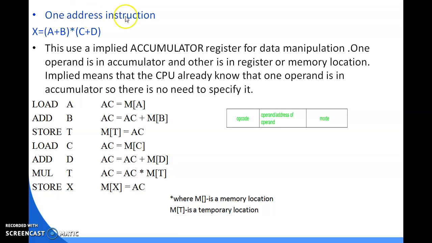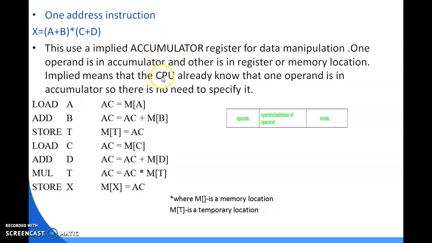In this one address instruction, within the memory there is a place created which stores only one instruction at a time. Then what about the second? Another operand is placed in the accumulator register.